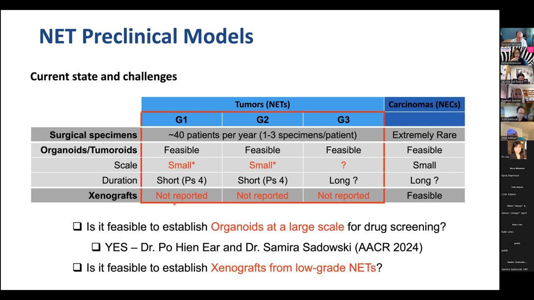But I'm happy to report that I was wrong, because there were two presentations at the recent AACR, as I understand, from Dr. Pierre and Dr. Sapolsky, showing that we can now do large-scale organoids from G1 and G2, and we can do drug screening. The second challenge was whether we can do xenografts with low-grade NETs.